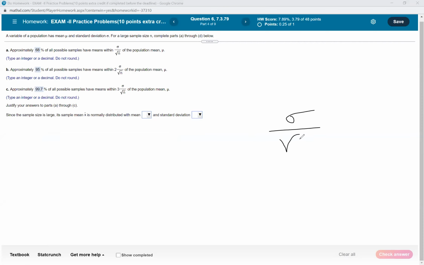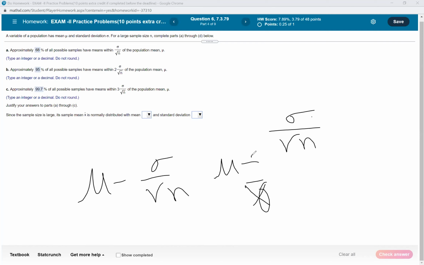Sigma over square root of n is the standard deviation for x bar, right? So within sigma over square root of n means within one standard deviation of the population mean. So you have to find the percentage within one standard deviation of the population mean.